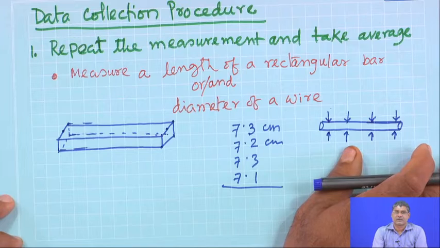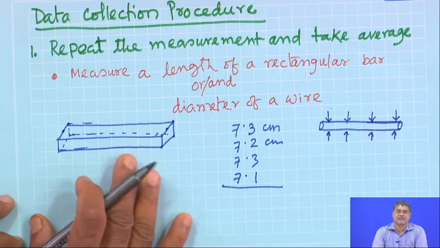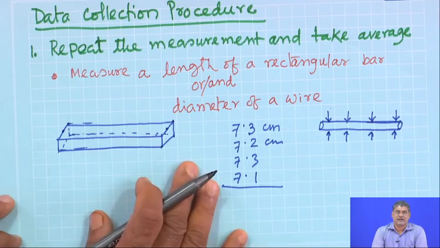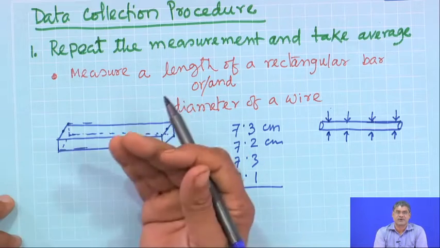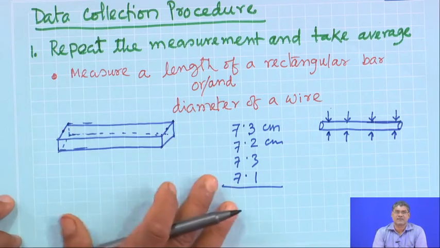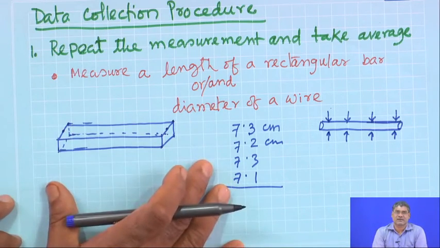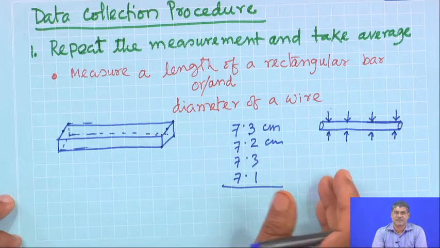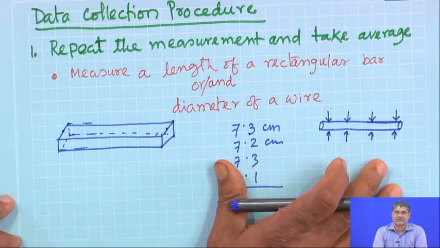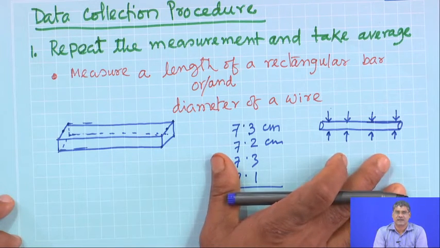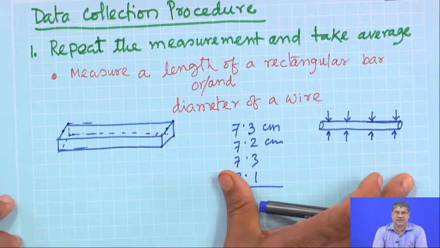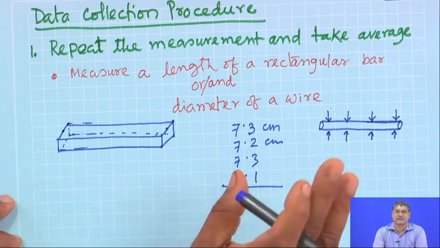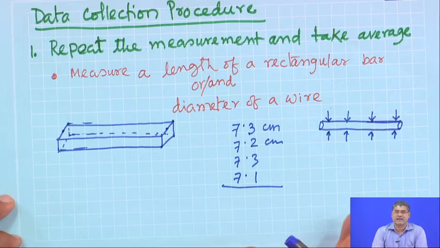In the case of the bar there are 4 edges, so if I take readings along the 4 edges, that is a good average. You will repeat the measurement 2, 3 or 5 times, and there should be logic behind it. It is not fixed that for all measurements you just take 3 readings and then average.